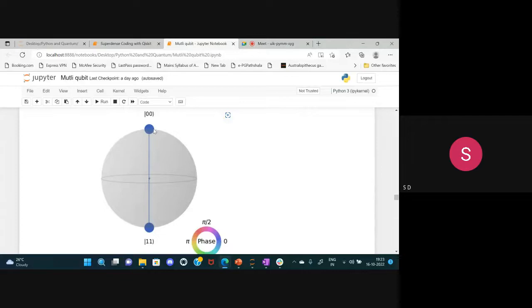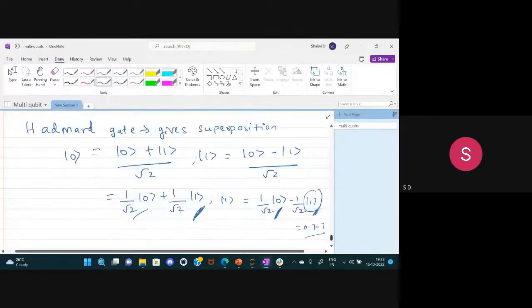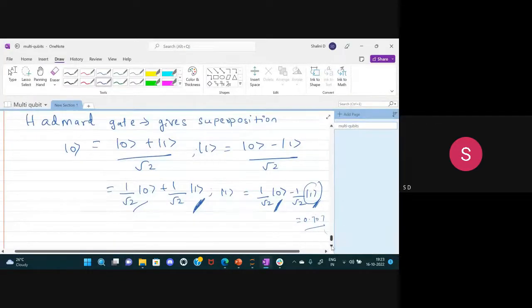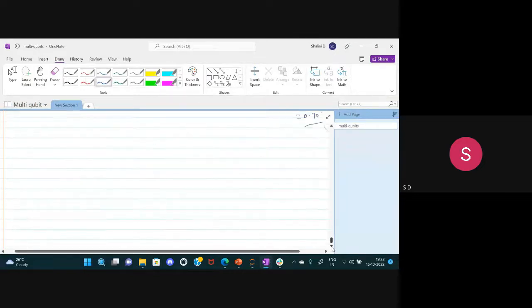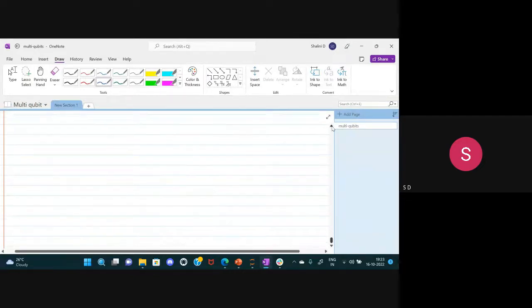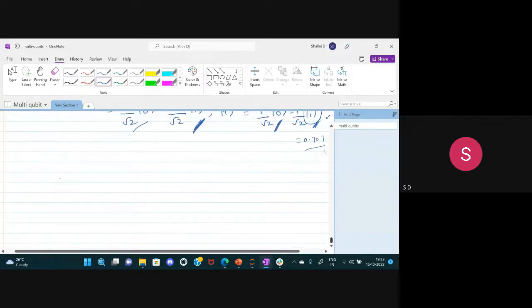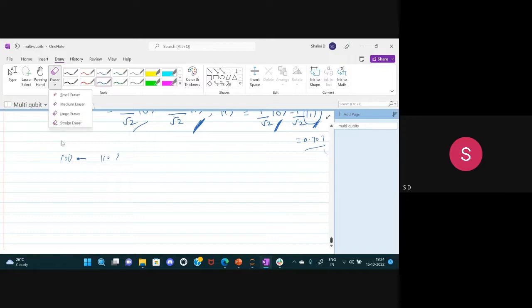Earlier, for a quantum swap, CX gate, or ZZ gate, the Q sphere points in only one direction, like 01 or 10.